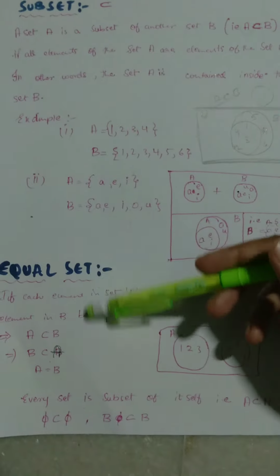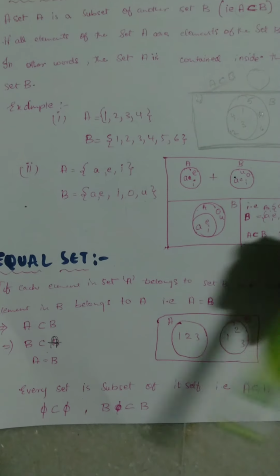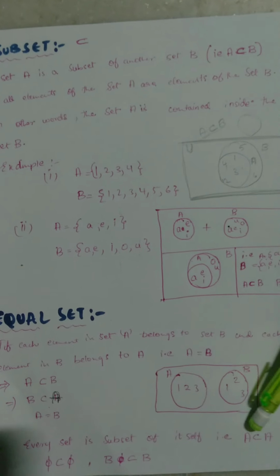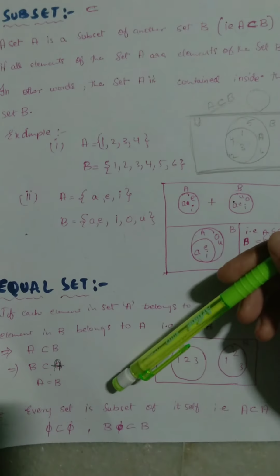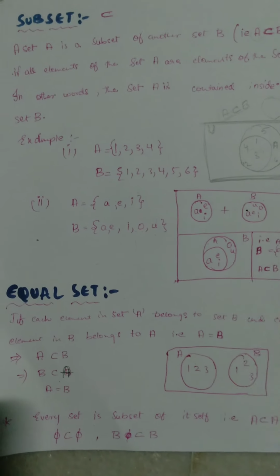By this equal sets definition, we can conclude that every set is a subset of itself, such as A is a subset of A, the null set is a subset of the null set, and B is a subset of B. Okay, thank you.